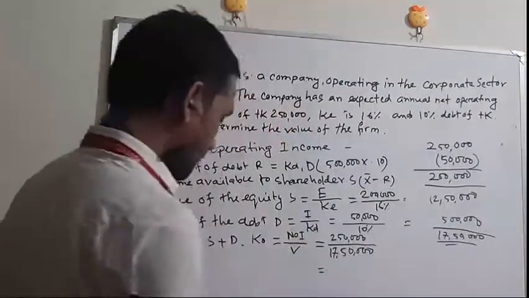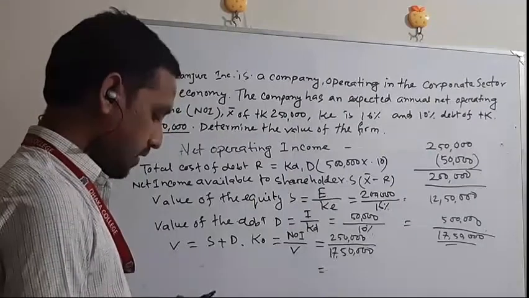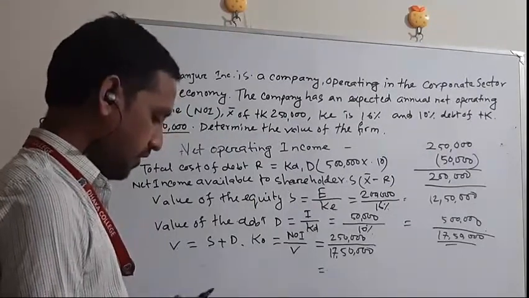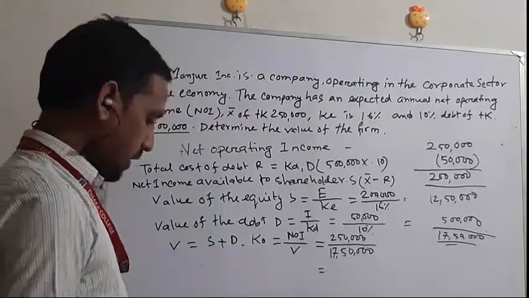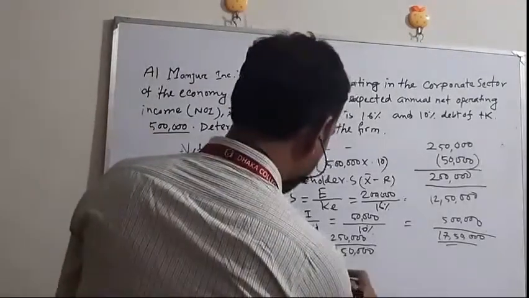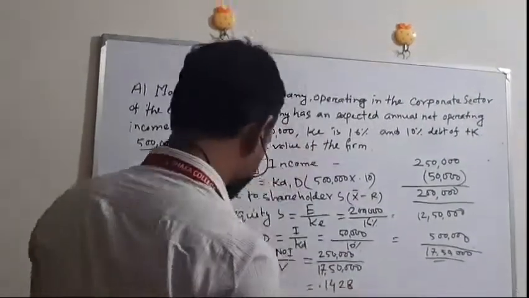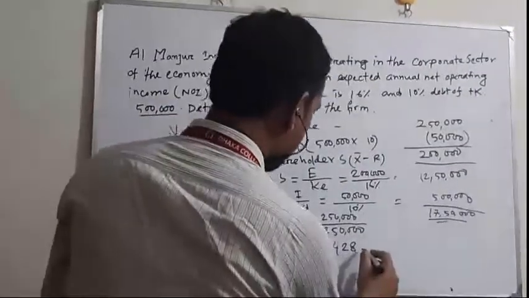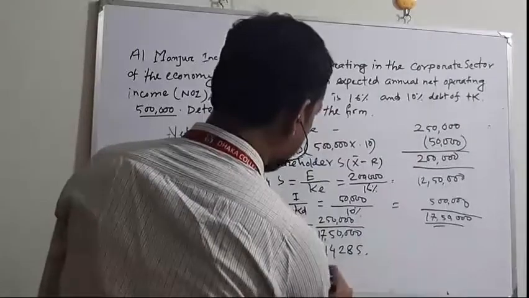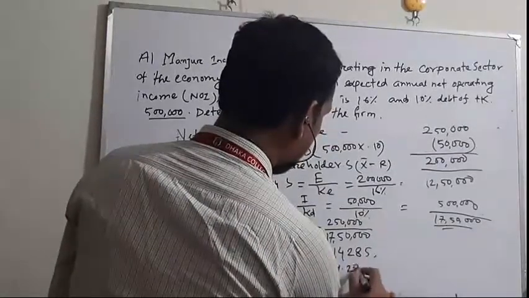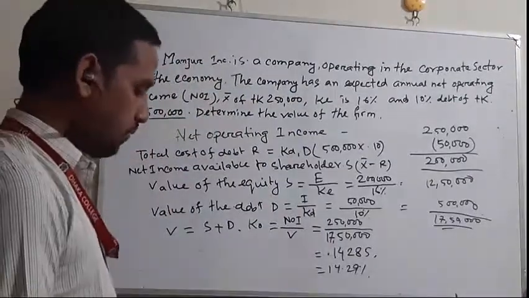So 2,50,000 divided by 17,50,000 is 0.1428, which is 14.29%.